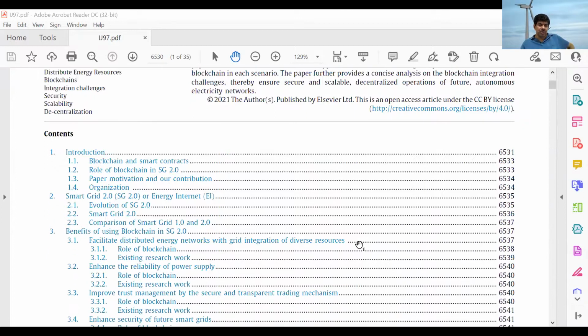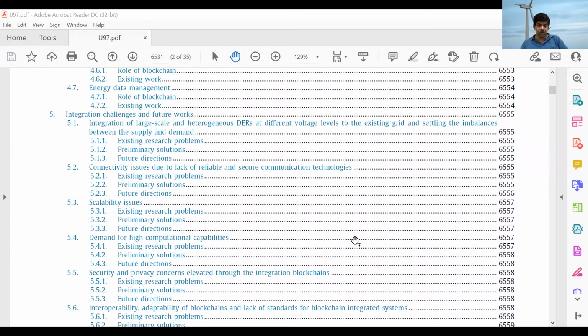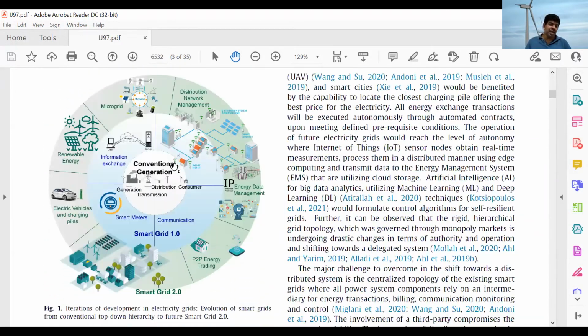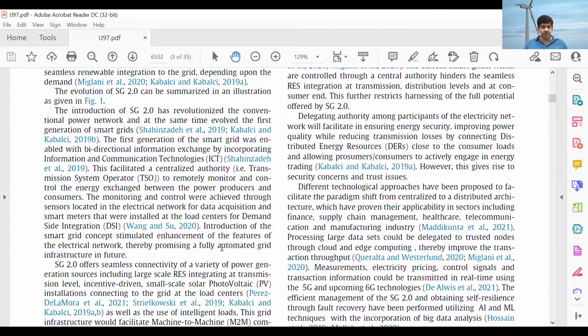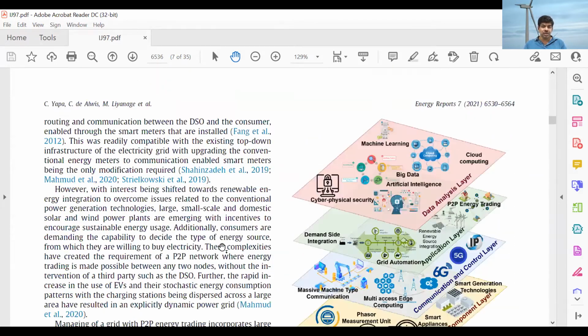And when you look at those kinds of papers, what you find is usually you come up with the different areas associated with your topic in hand, which is the smart grid. And the blockchain will become one of the key areas in the smart grid, specifically for peer-to-peer transactions. So you can do a thorough literature review.